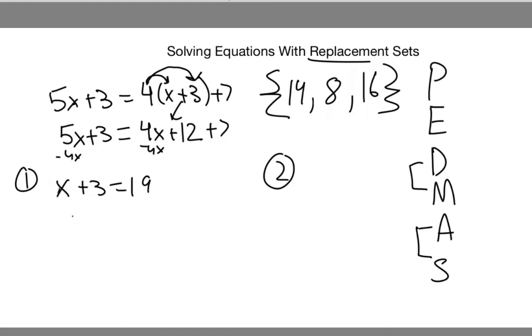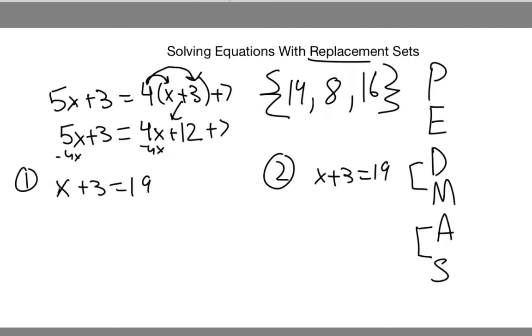Right? At this point, we have x plus 3 equals 19. This is a more manageable equation, because if you had to plug in some of these really huge numbers, it would be more difficult. So we can also do x plus 3 equals 19 because at this phase it would be easier.